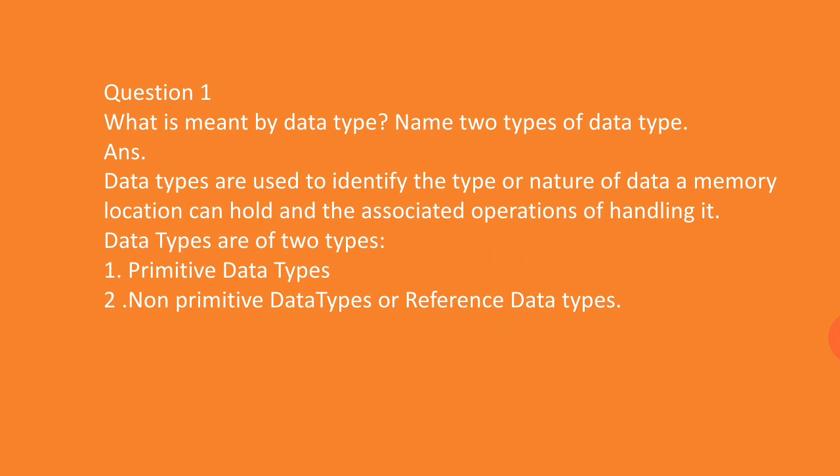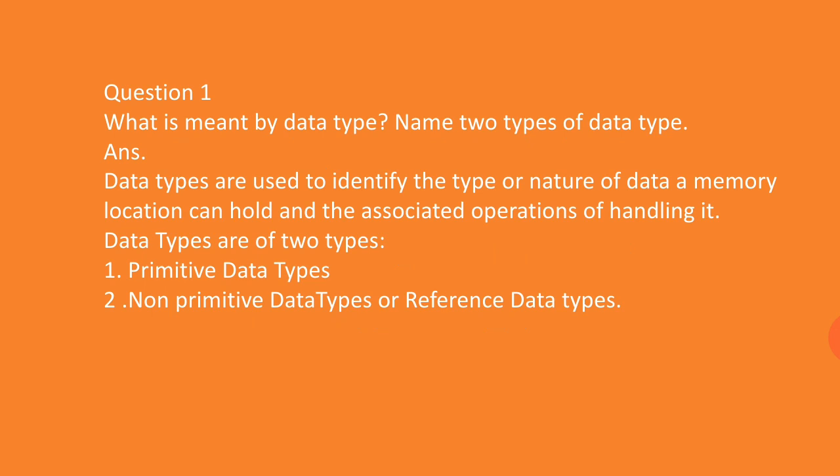So Java specifies that whenever we declare a variable or a constant, first we need to specify the data type of the variable or the constant when we declare it, and then only we can use it. So Java is a strongly typed language.